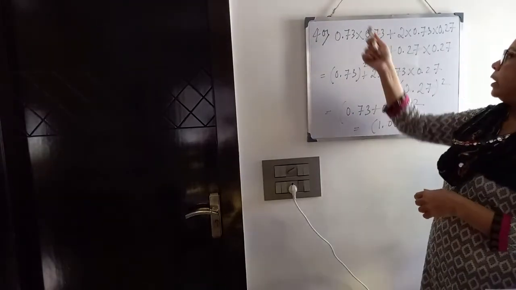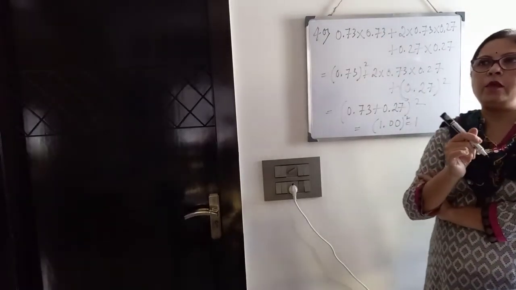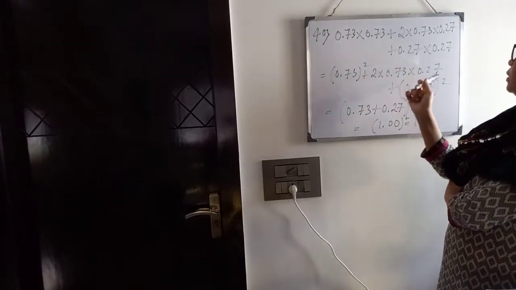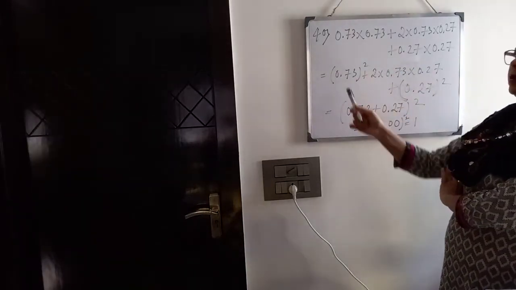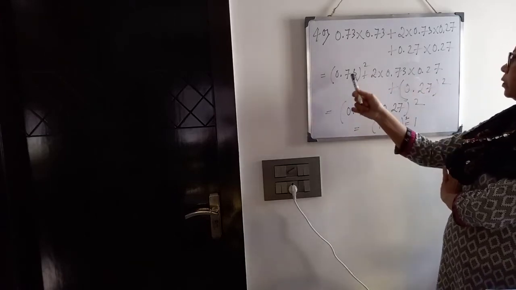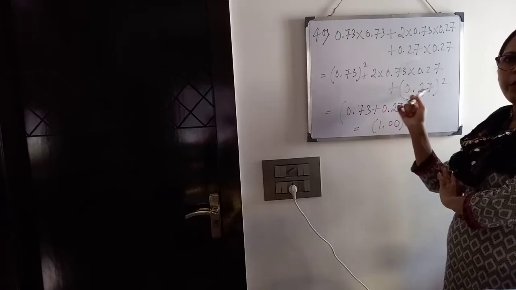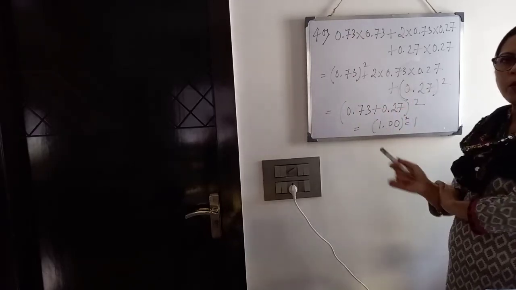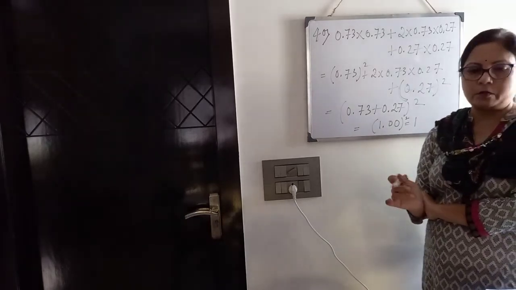But here, using the formula, very easily we can do 0.73 whole square plus 2 into this plus this. Now this is in the form of a square plus twice ab plus b square, so we can write a plus b whole square. After addition it is coming 1. Your answer is 1 square.